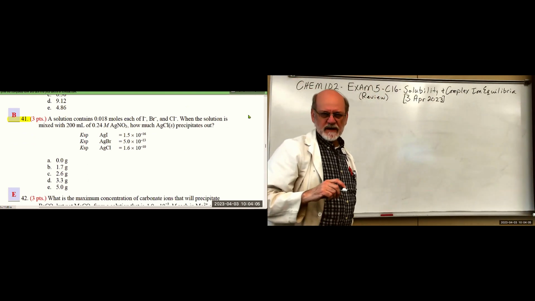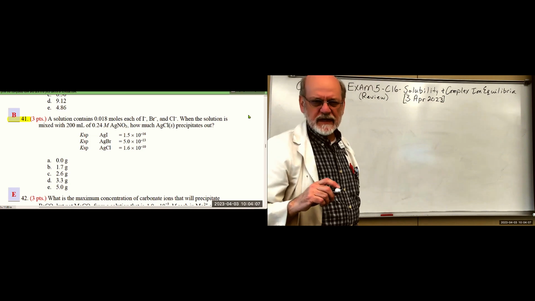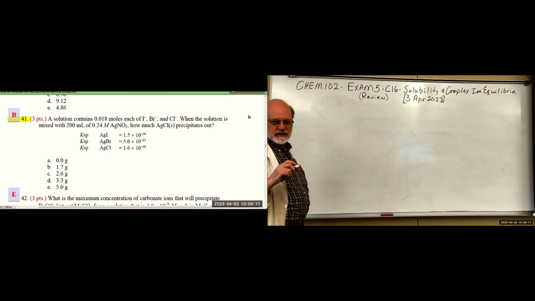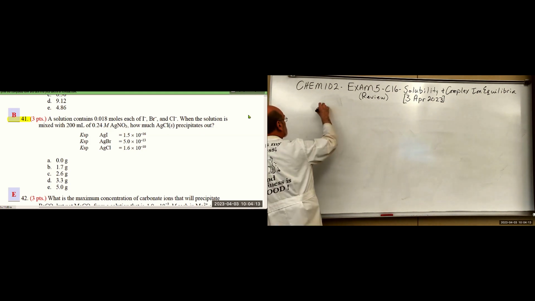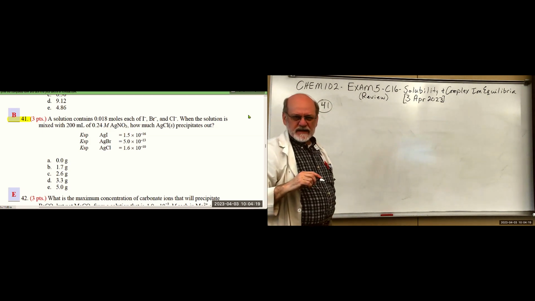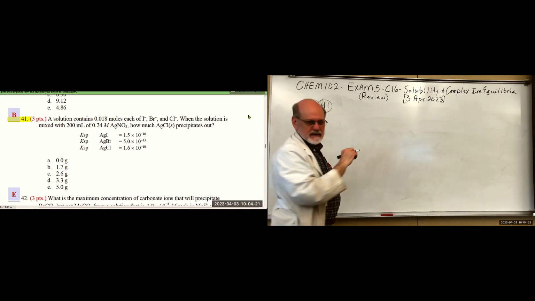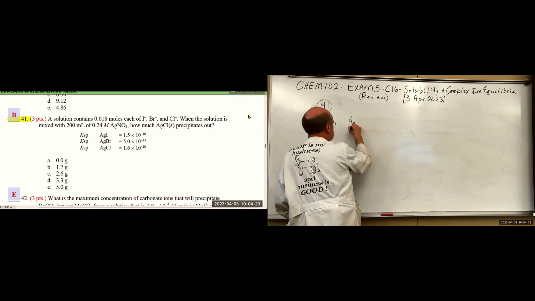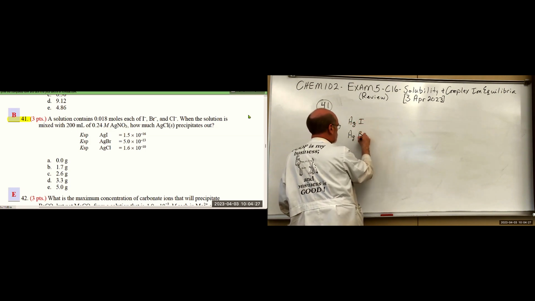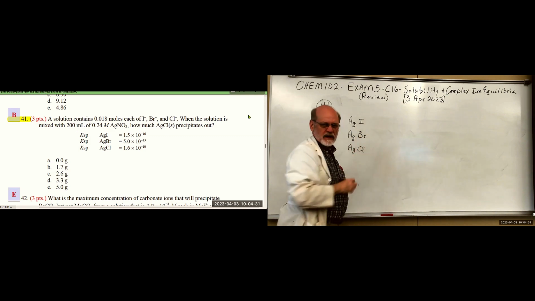Okay. So we've got a solution containing 0.018 moles each of these halogen ions: iodide, bromide, and chloride, correct?